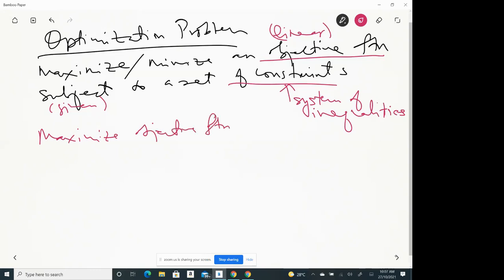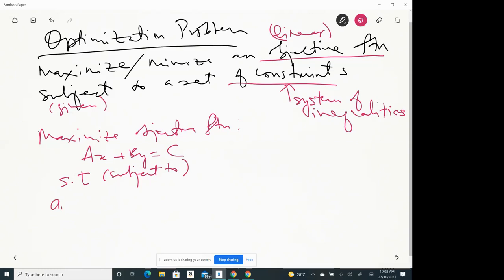Now we're going to look at an example. Objective function. Say, I will start with a general one: ax + by = c. That is our objective function. Subject to, st means subject to, some constraints which consist of a few inequalities, like a system of inequalities.